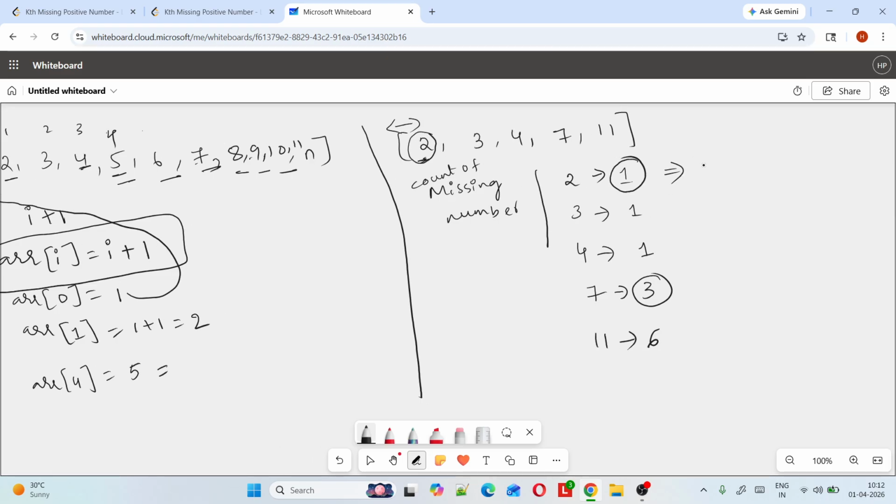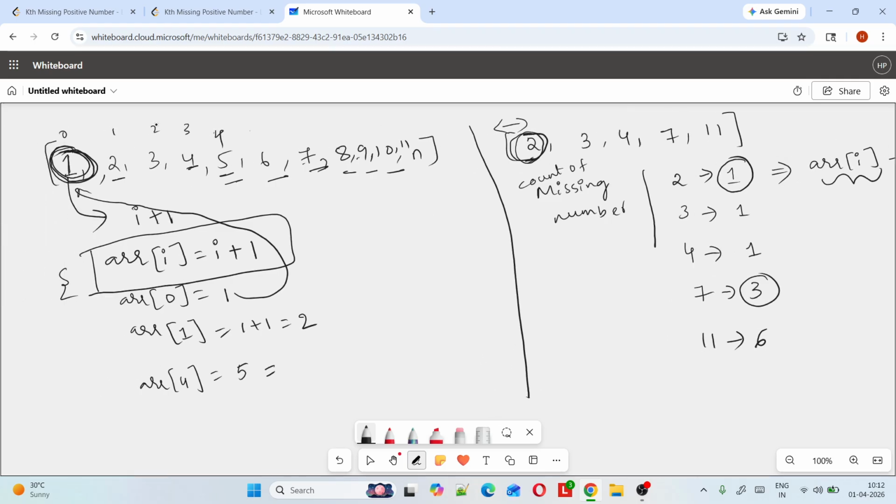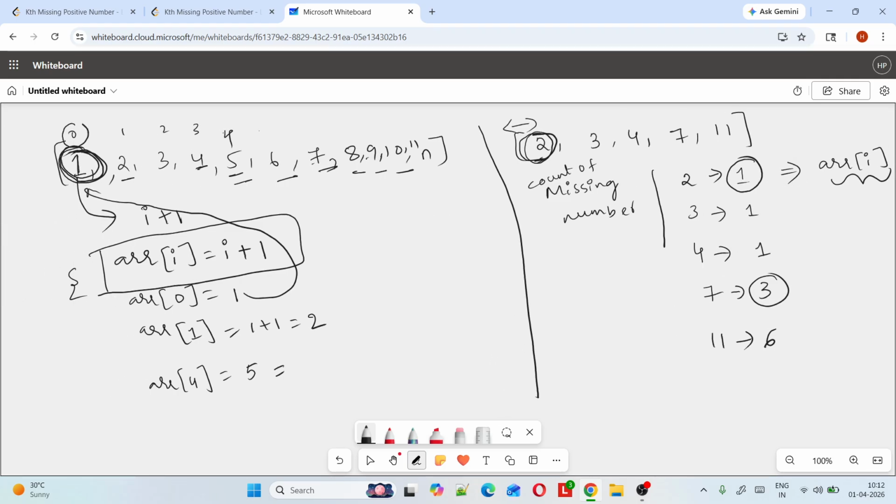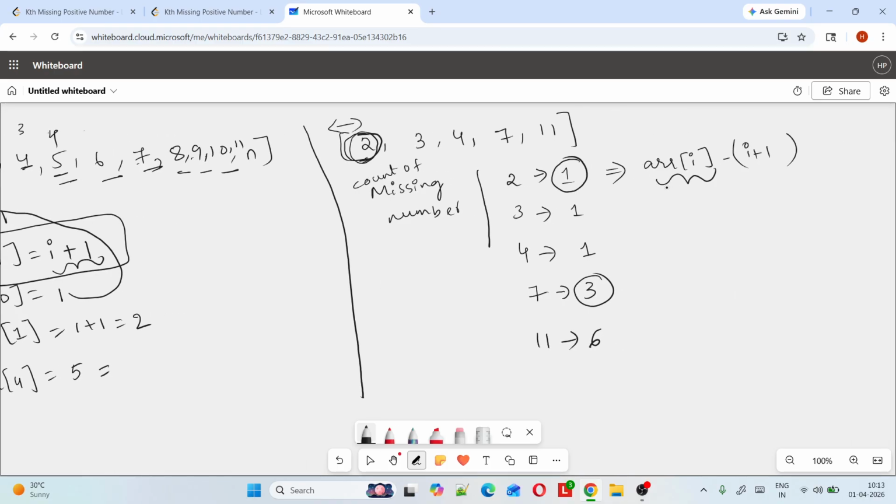Now, how to derive this? Can I write array of i minus (i plus 1)? Because array of i is the actual element here. But at index 0, we should have 1, which we derived as i plus 1. So to calculate missing numbers, take the present element minus the actual element.